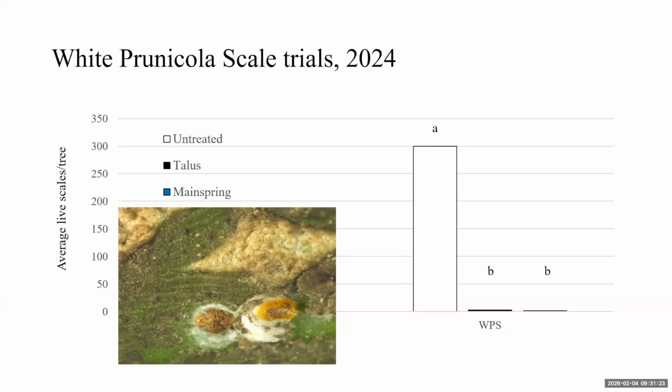Mainspring is a diamide, so it has a much more favorable worker safety protection signal word associated with it. Risk to applicators is less because its mode of action does not target anything that we have work specifically on insects. So that's a better product from a hazard point of view, and it is highly effective.